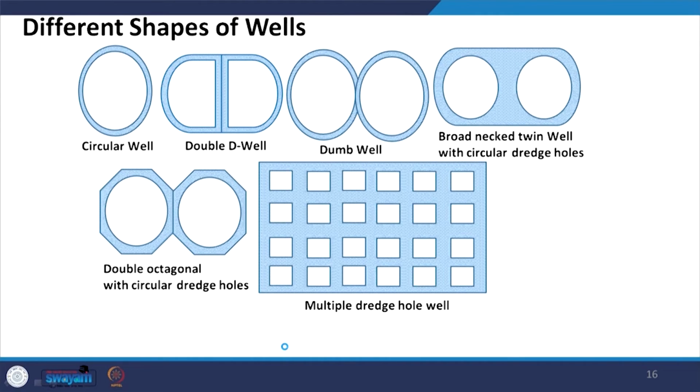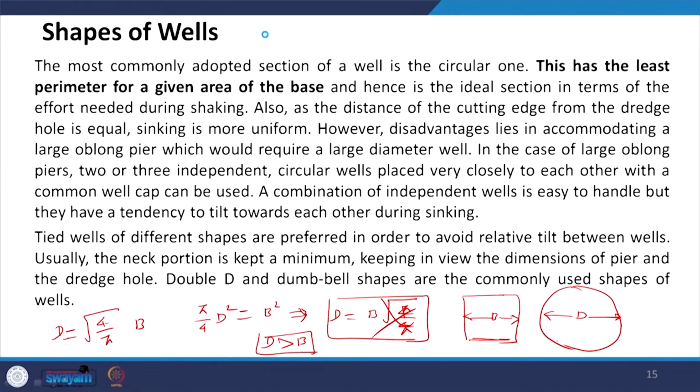The first one, circular, is the most popular, and if this does not work, then people go for the dumbbell. Next, the last one is where you have two circles connected with a broad neck twin well. Tied wells of different shapes are preferred in order to avoid relative tilt between wells.